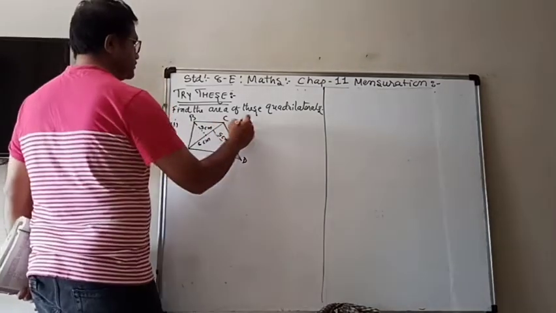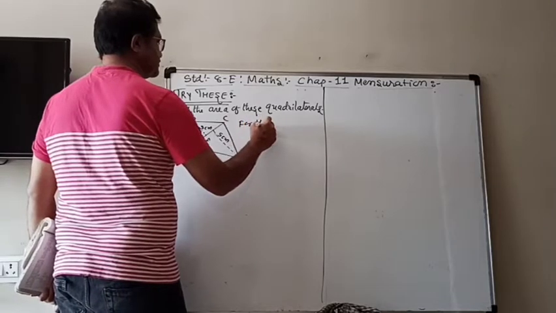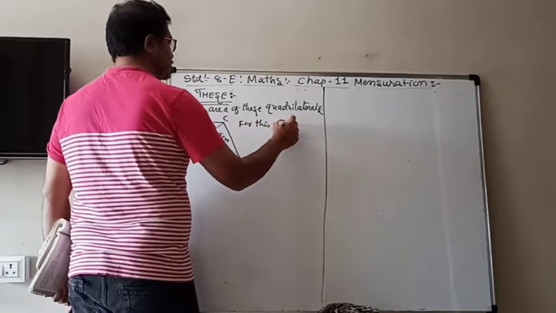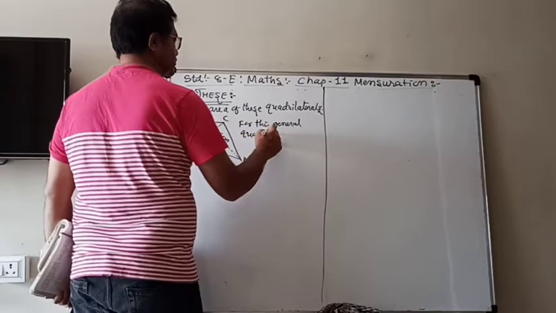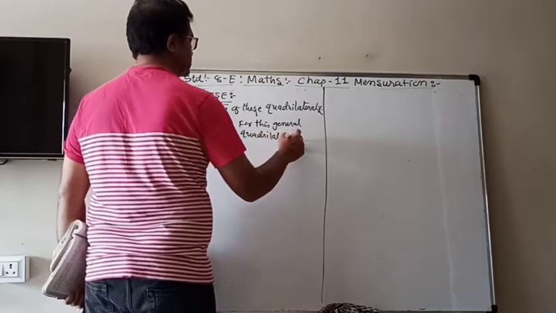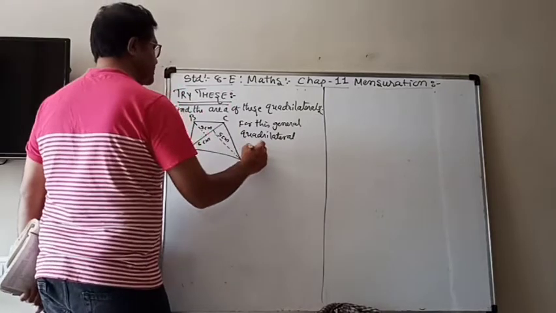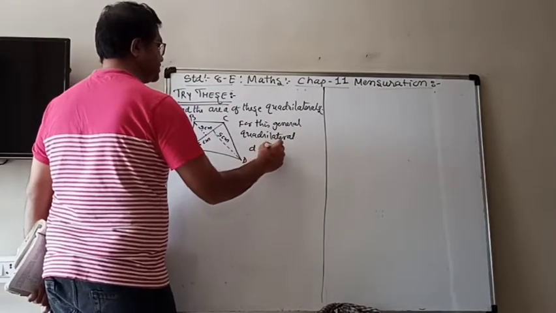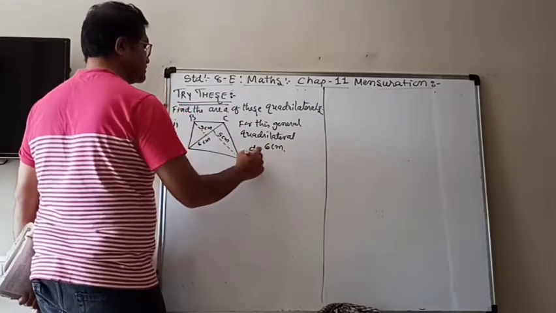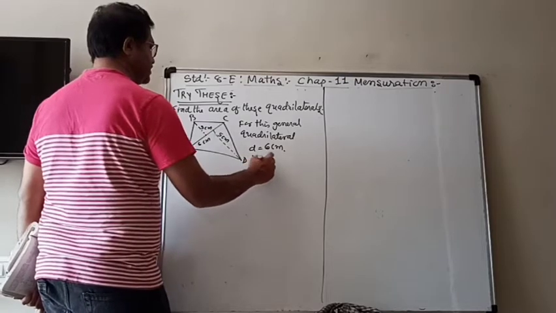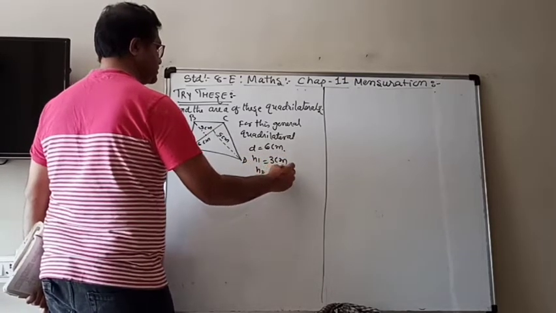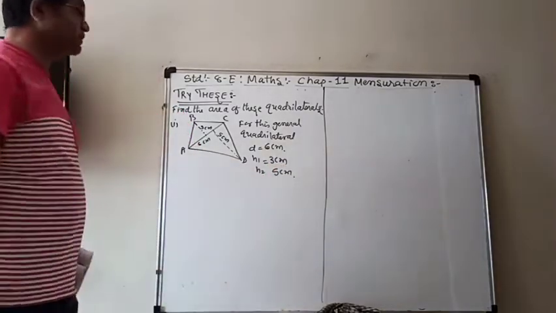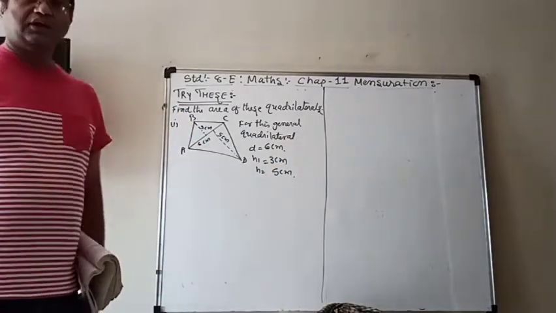So here for this general quadrilateral, D is 6 centimeter, the diagonal, and heights H1 and H2 are 3 centimeter and 5 centimeter. So now we know the formula.